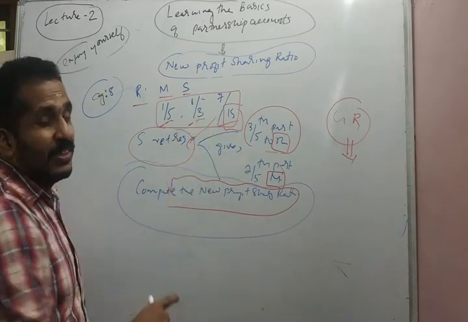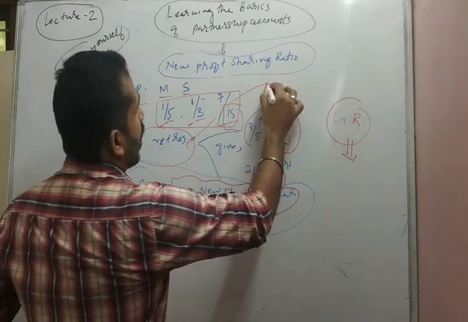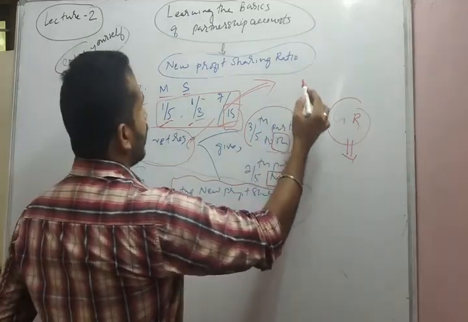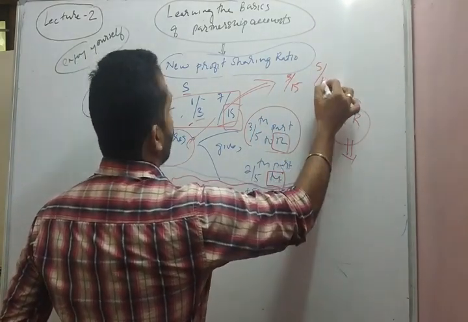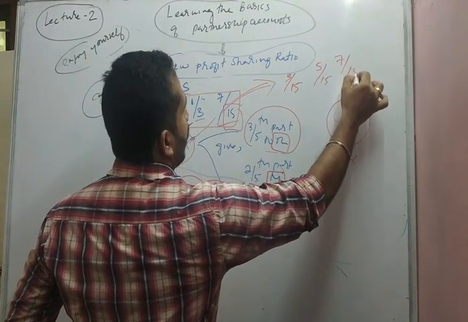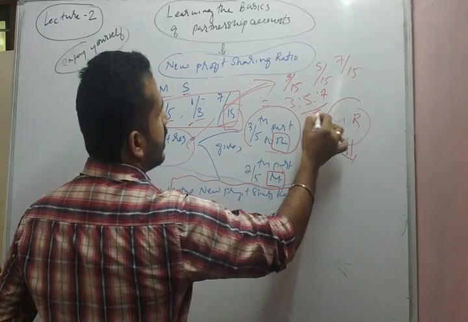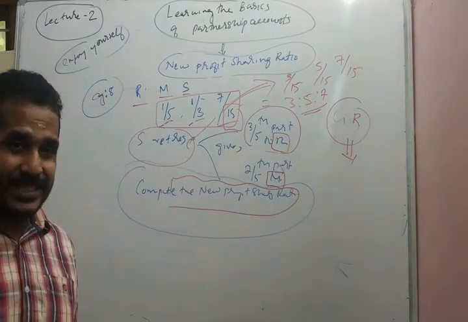To convert 3 into 15, use the figure 5. So, converting into meaningful terms, we get 3/15, 5/15 and 7/15, which means 3:5:7 is the ratio before S's retirement.